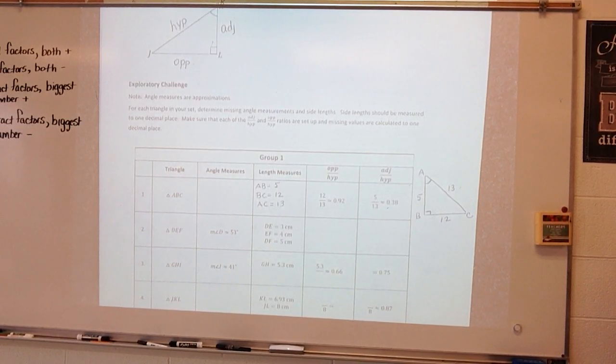Now, how would I get my angle measure? So let's think about this. Well, I know that I have a 90-degree angle here. When we have a right triangle, well, first of all, we know that the three angles of a triangle equal 180 degrees.